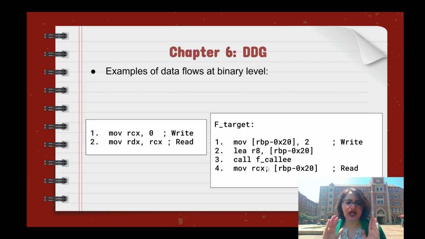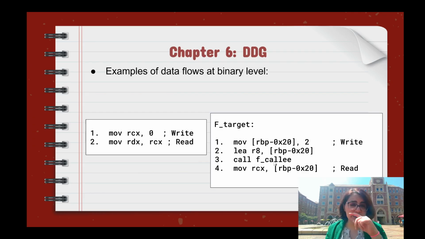But what about line 4? In line 4, we cannot say that the data that we write in line 1 is the same data that we are reading in line 4. The reason is that we have a callee function. In line 3, we call a function, and we really don't know what happens inside this callee function. We don't know if the callee modifies the value inside RBP minus 0x20.